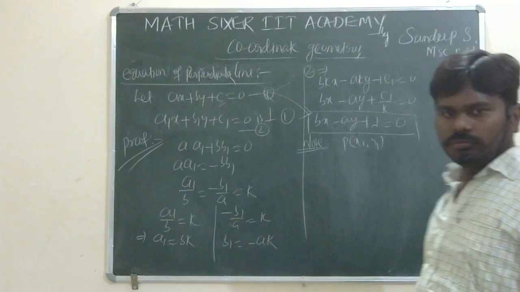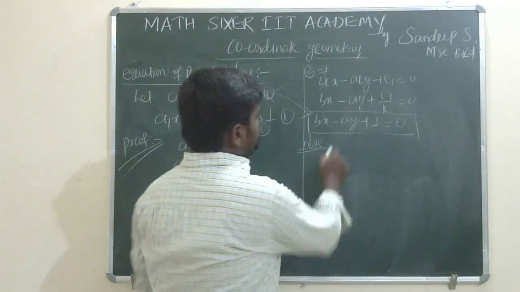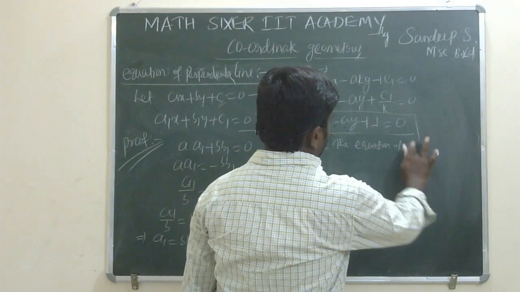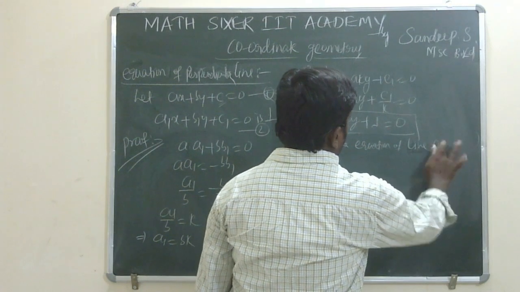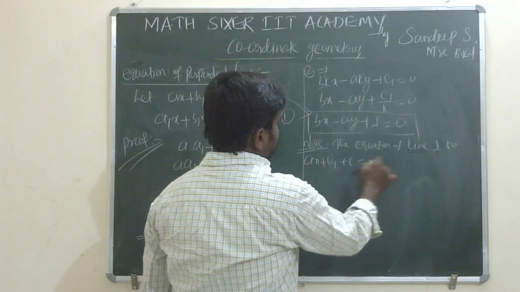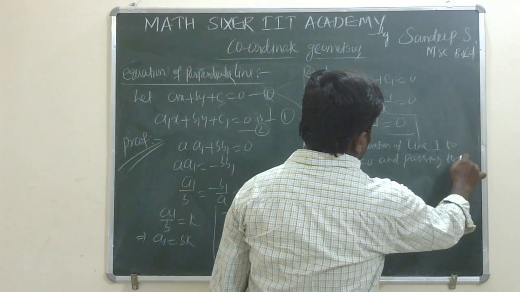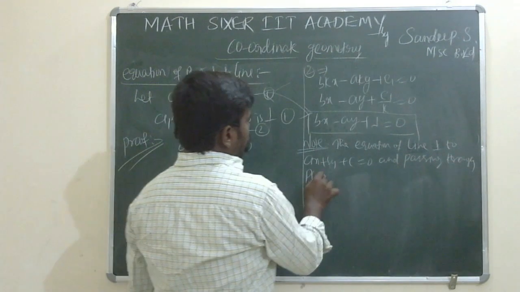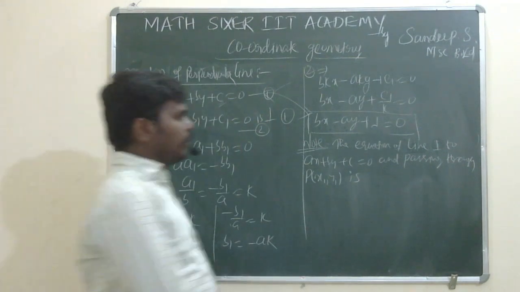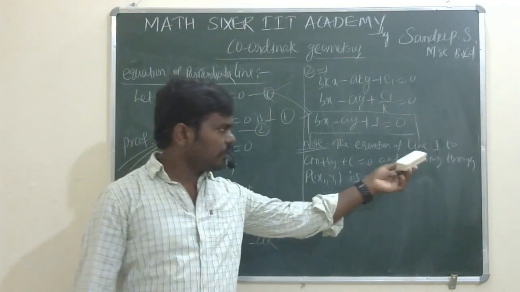Okay, so let me write clearly: the equation of a line perpendicular to ax plus by plus c is equal to 0 and passing through P of x1 comma y1 is what? So the equation of the line perpendicular to this.